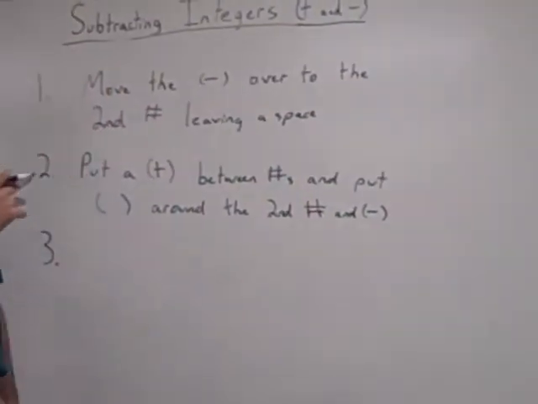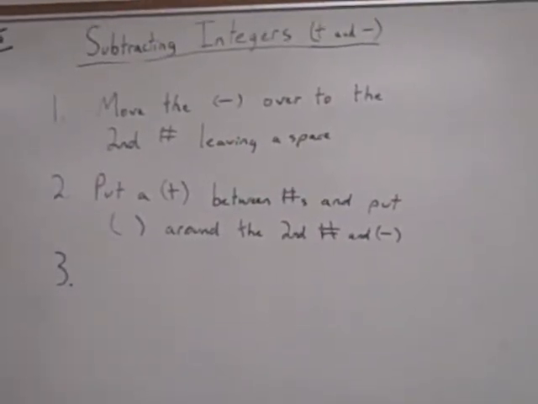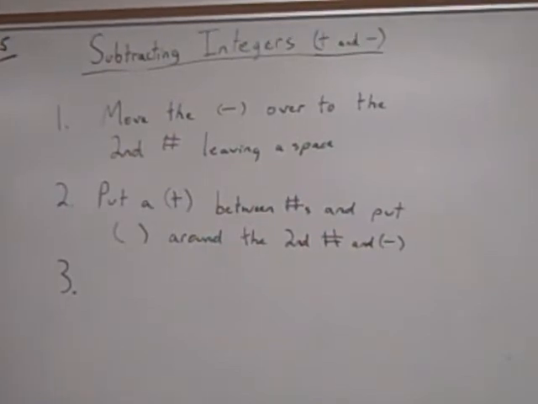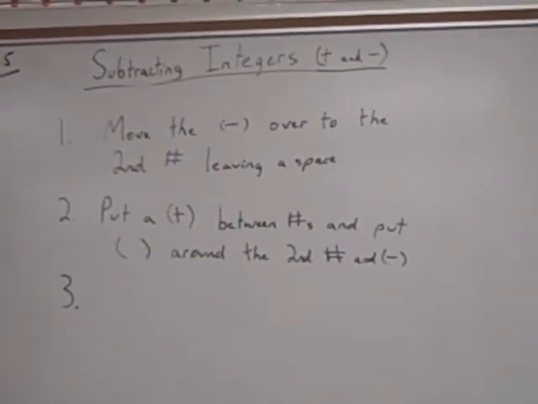Right, so you move that minus sign over, and you can go ahead and even then put the parentheses around that minus sign and that number, and then you're going to put a plus sign between the two numbers.